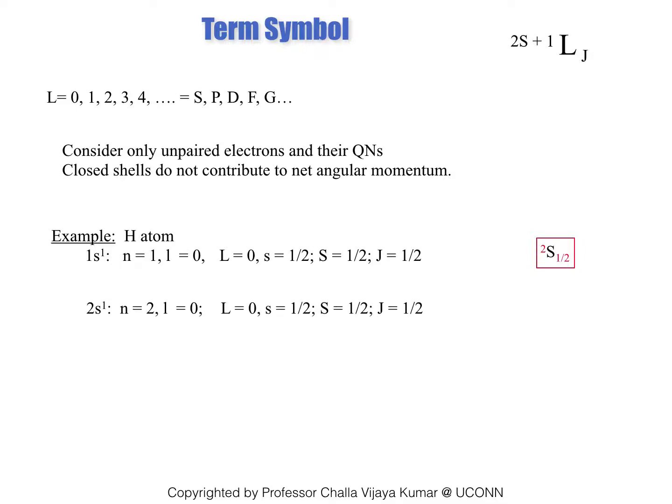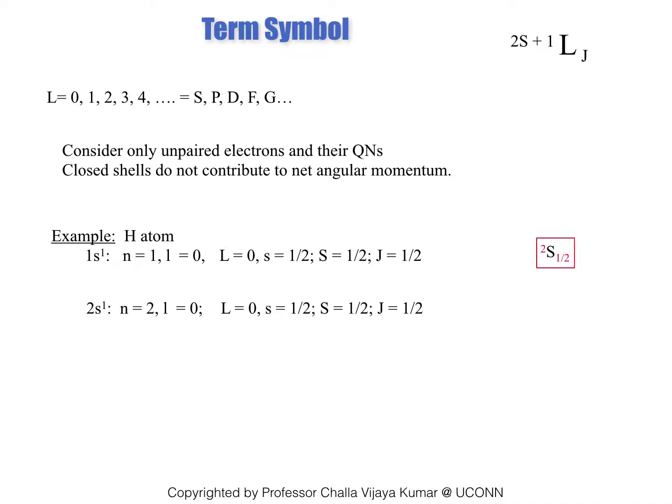Now take a 2s1 electron. If you have a 2s1 electron, that's the only electron that is unpaired, in an unfilled, partially filled shell, n equals 2. L is still equal to 0 because it is an S state. Since lowercase l equals 0, capital L equals 0.